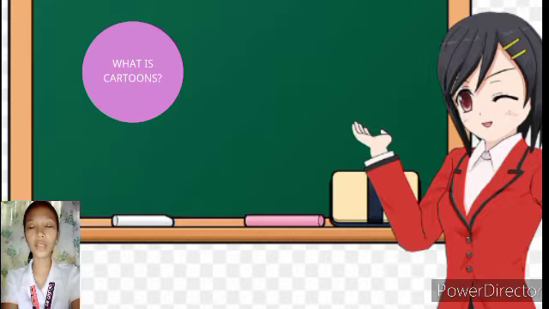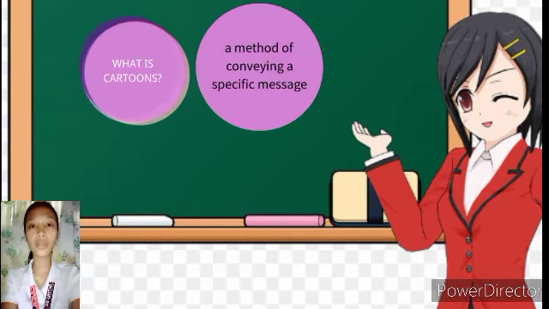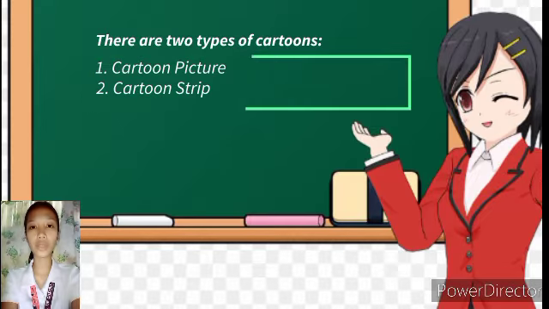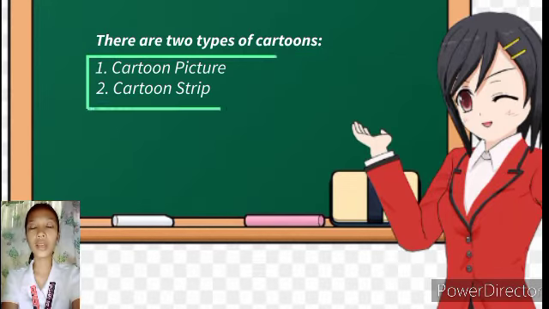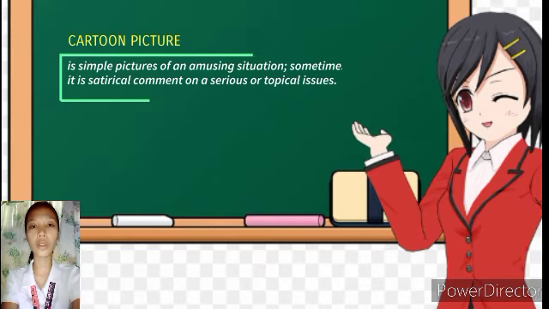What are cartoons? In development situations, a cartoon is a method of conveying a specific message. There are two types of cartoons: the cartoon picture and the cartoon strip. A cartoon picture is a simple picture of an amusing situation.